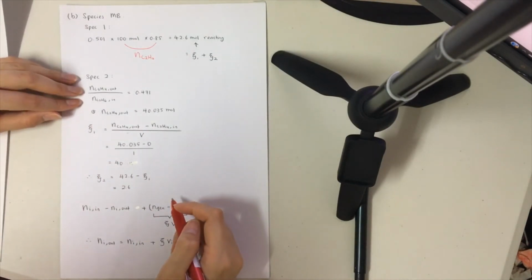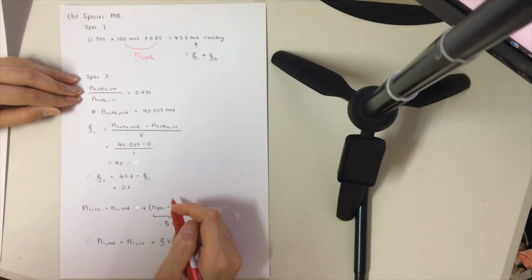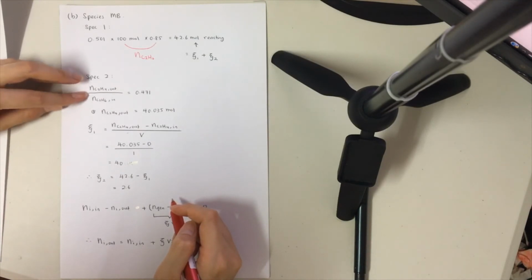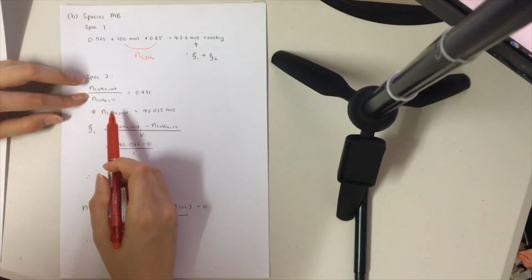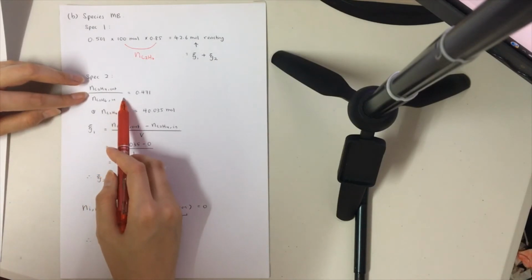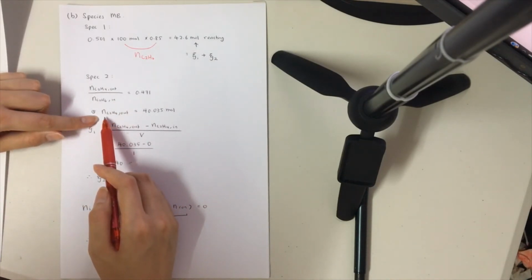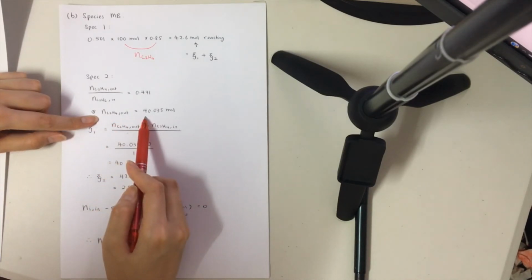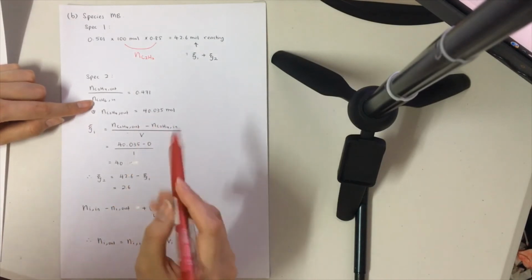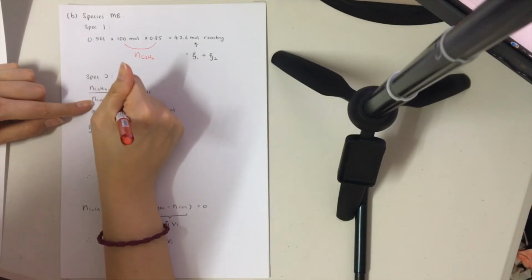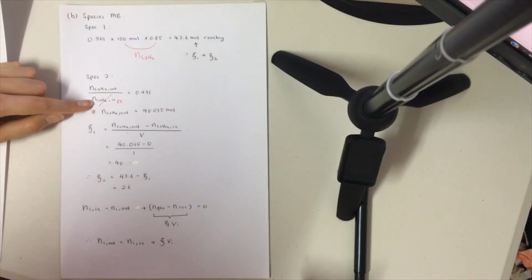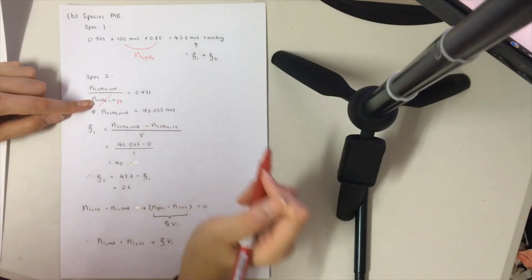Next, specification 2 is the same as the one before. This one is the same as part A, where you can find the number of moles of C2H4 coming out. So C2H6 going in is 85, then you will get 40.035 moles.